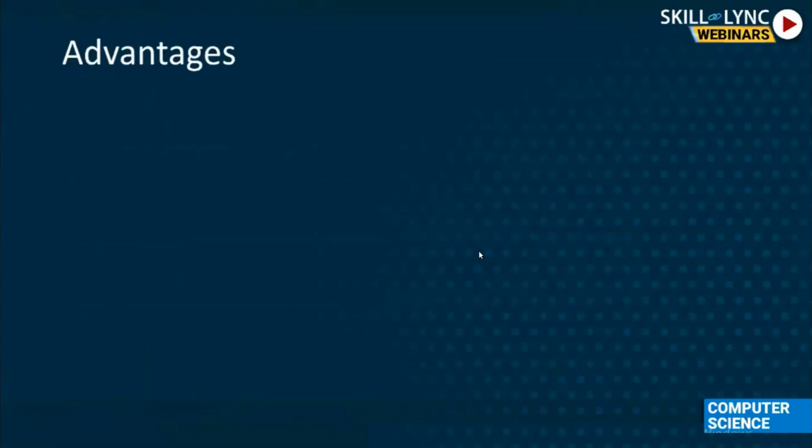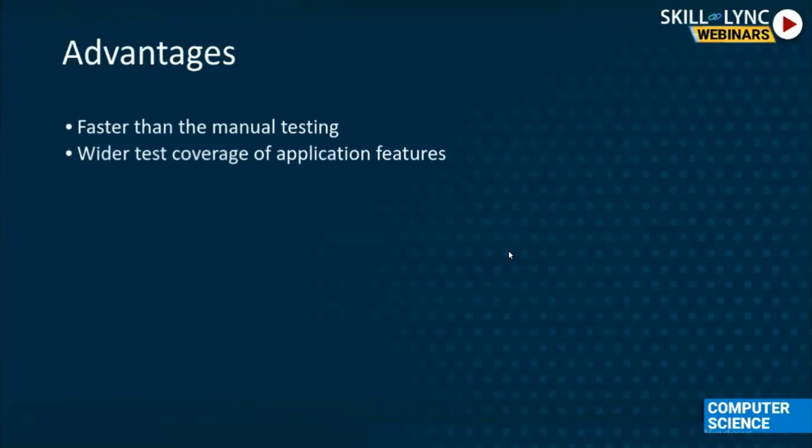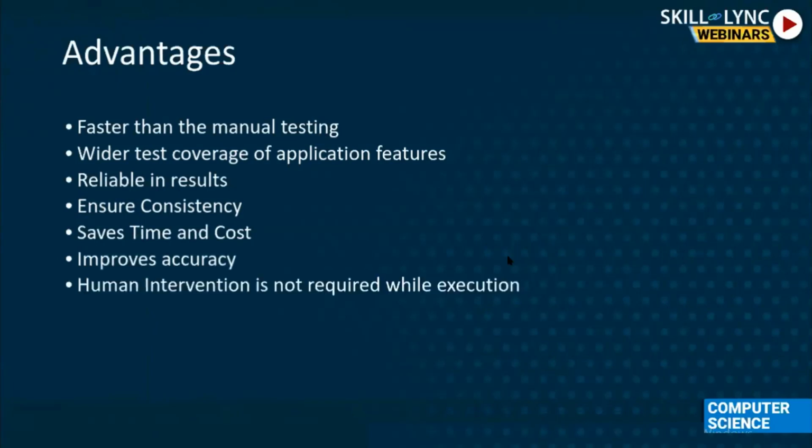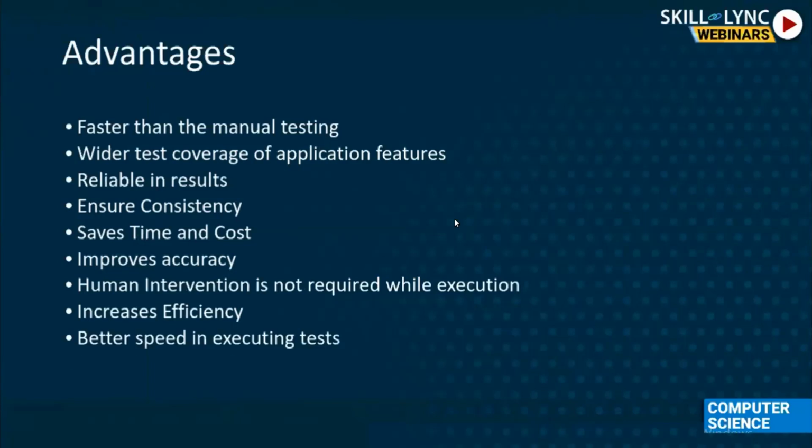The advantages of doing automation are that it's faster, it's highly reliable, and it has a wider range of coverage. It ensures consistency. It also saves your time and cost. It improves accuracy. Sometimes the human brain makes mistakes, but a machine will never make a mistake. It also requires less human intervention, and it increases your efficiency, speed, and also reusability.